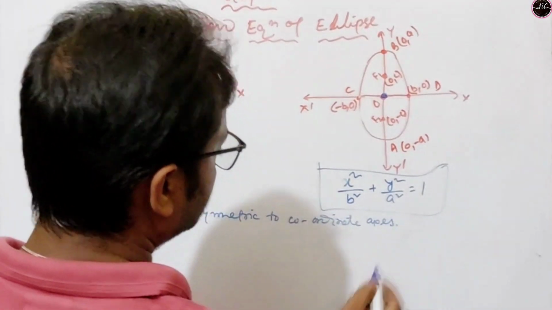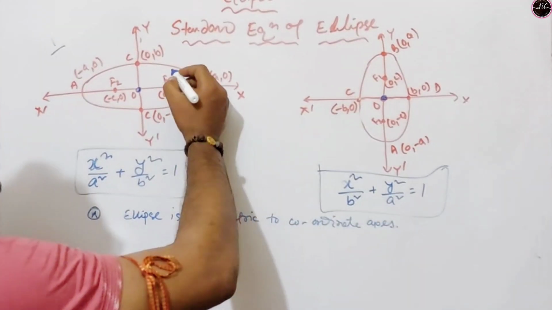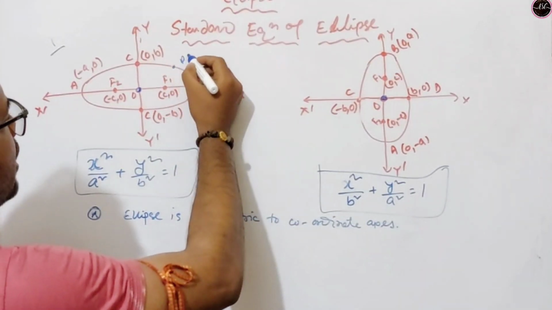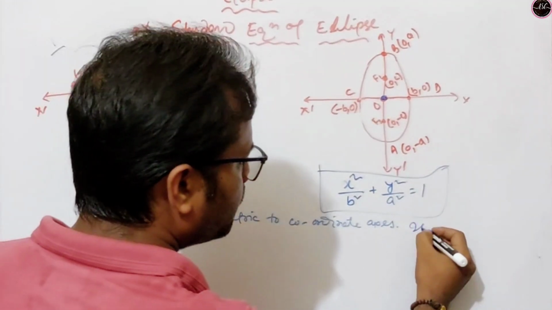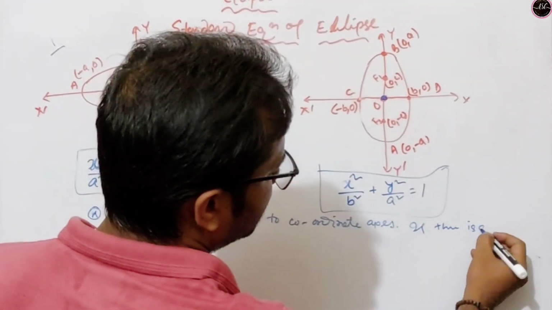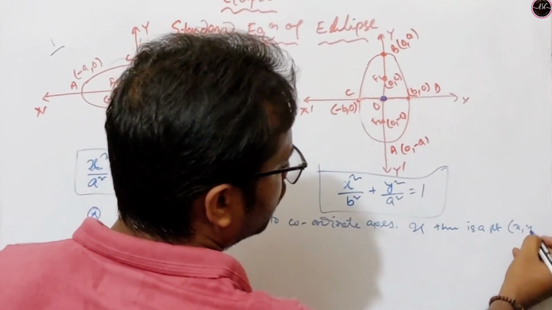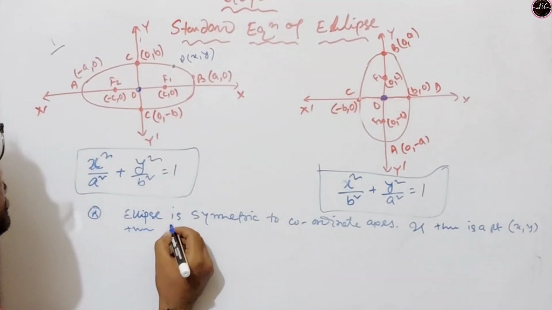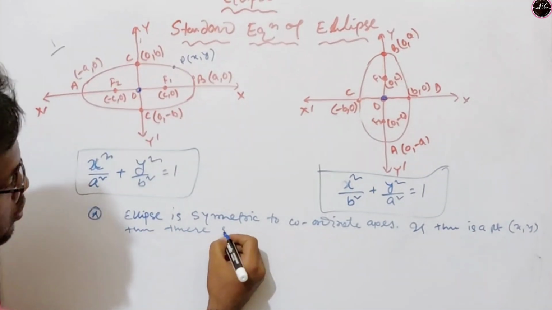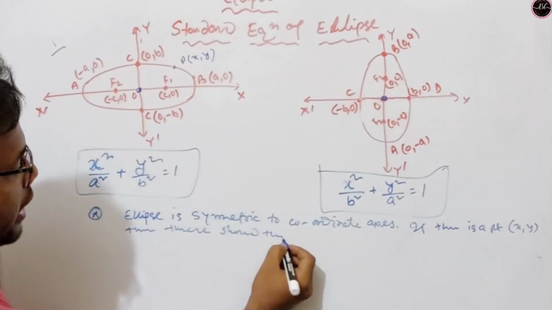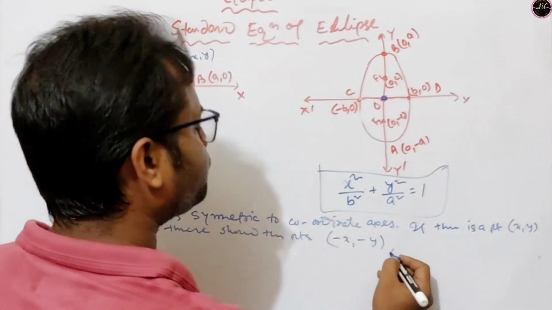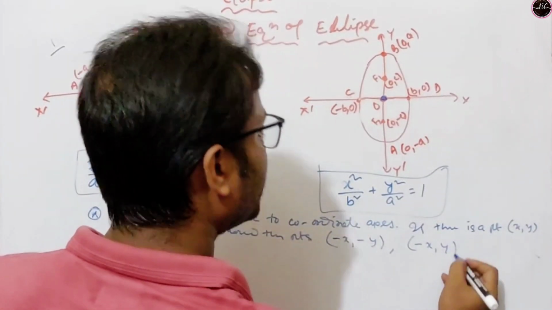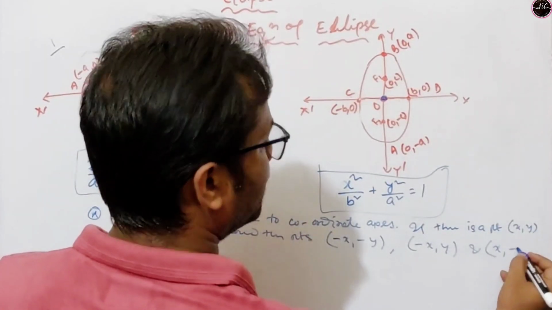Okay, so if there is a point P (x, y), then there should be the points (-x, -y), (-x, y) and (x, -y).